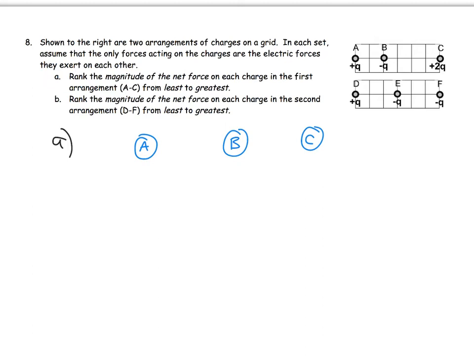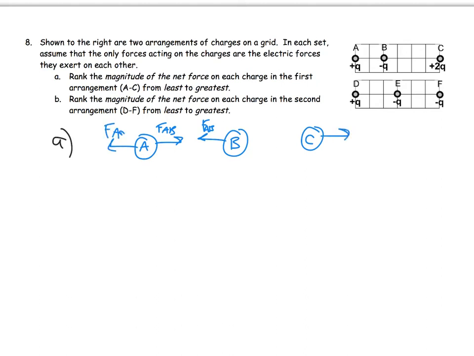So for this problem, we have two arrangements of charges, and in each case, we want to rank the net force on each of the charges in each arrangement. So I'm first going to just think about the direction of the forces on each one. For the first arrangement, A and B are oppositely charged, so they're going to attract each other. A and C are the same charge, so they are going to repel each other.